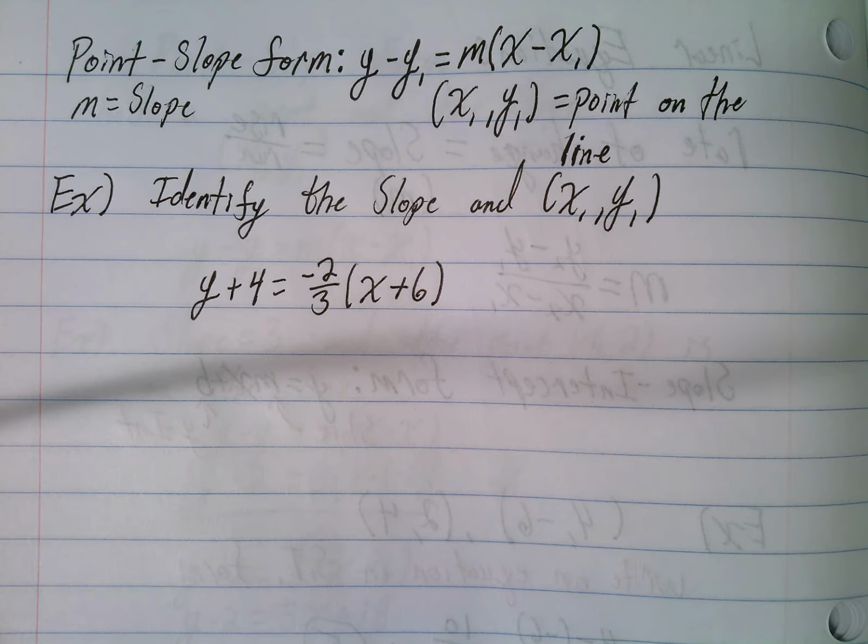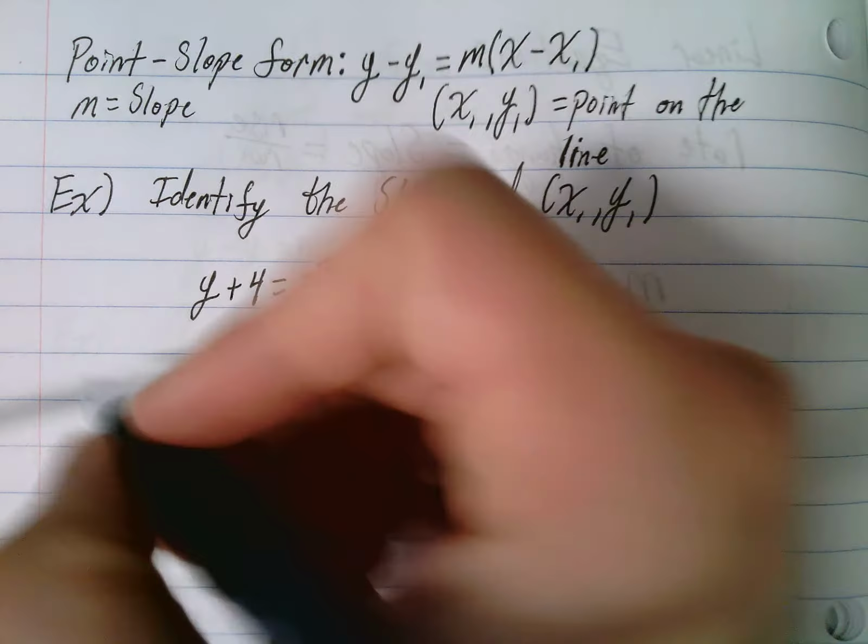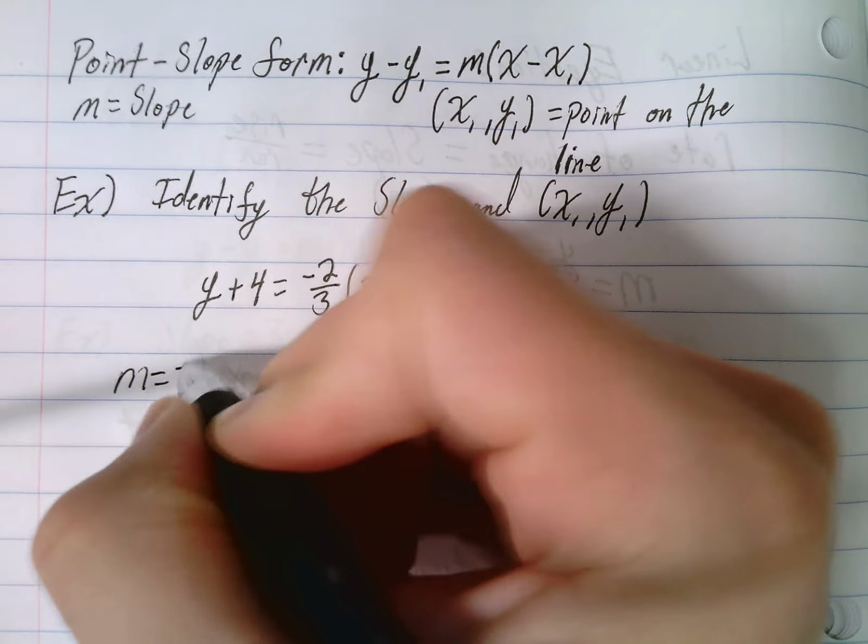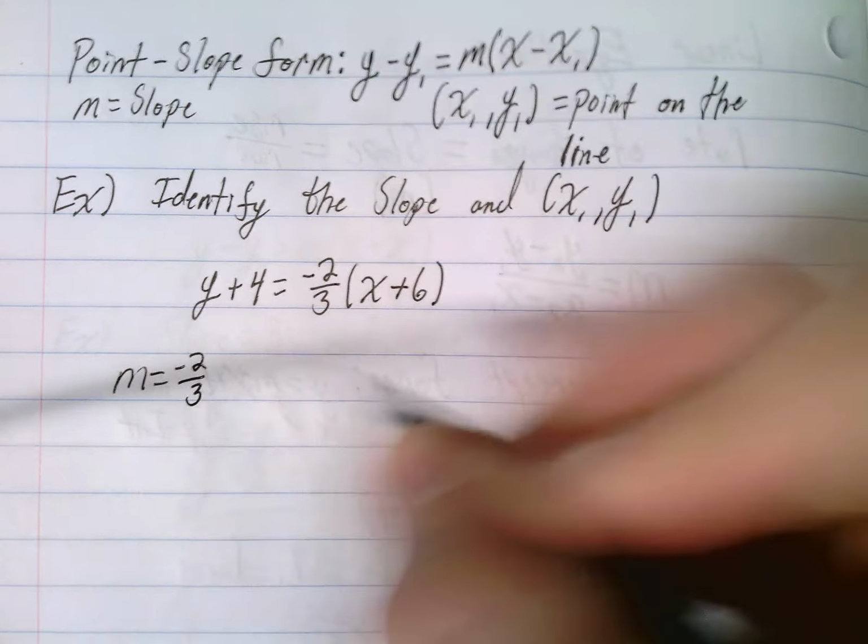Y plus 4 equals negative 2/3 x plus 6. What is my slope here? Good. My slope is negative 2/3.